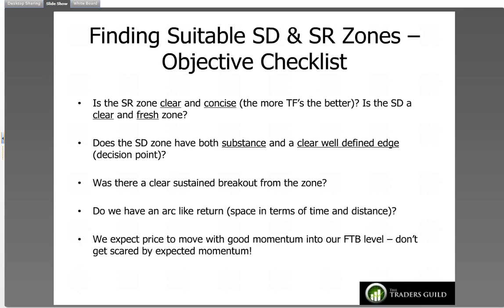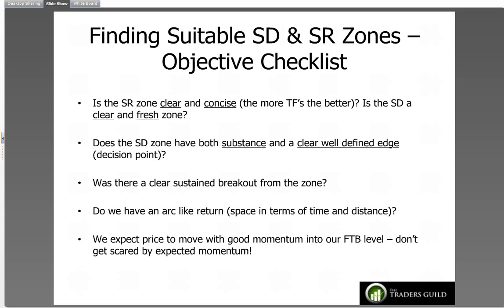For example, on euro dollar, I don't want a 3 pip wide zone, because moving euro dollar 3 pips doesn't take much. It doesn't matter what demand is sitting within that 3 pips, there's a much lower chance of it holding and reversing price compared to a zone that is, say, 20 pips wide. And a zone that is 20 pips wide is most likely to have multiple decision points, i.e. multiple packets of supply and demand within that zone.